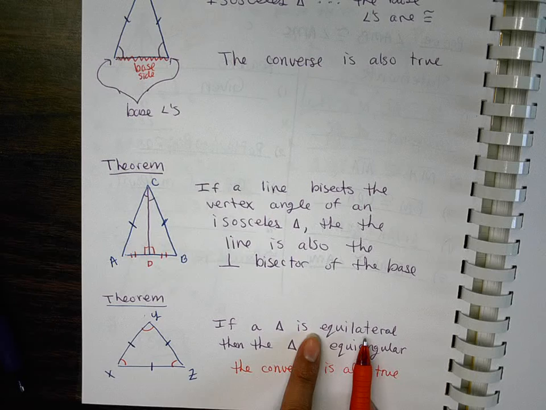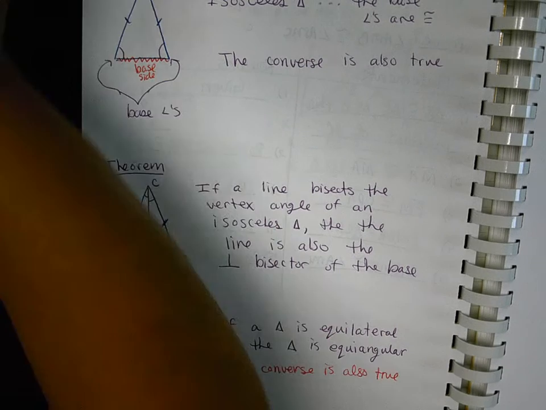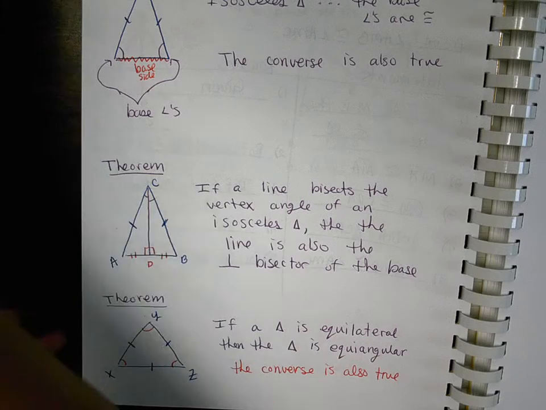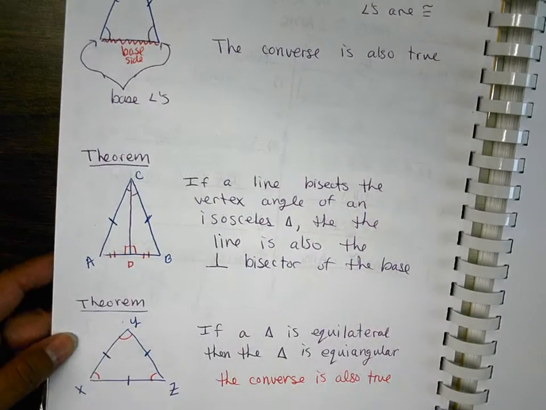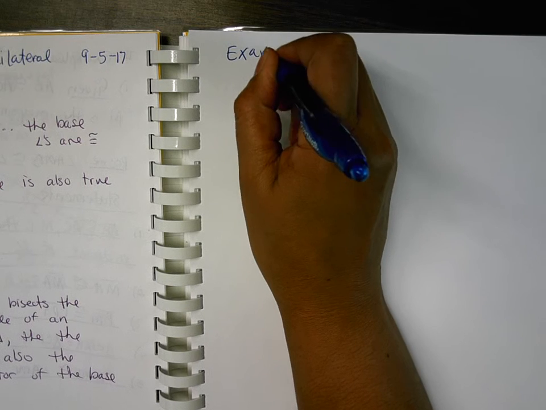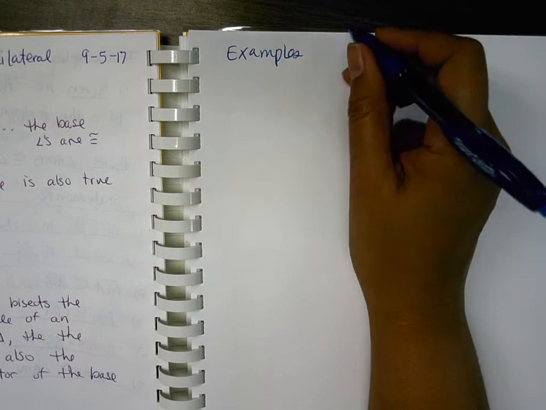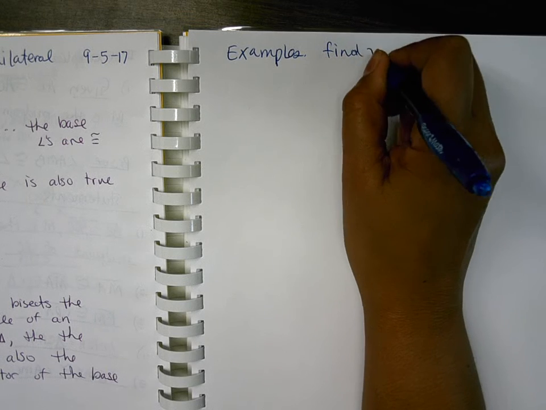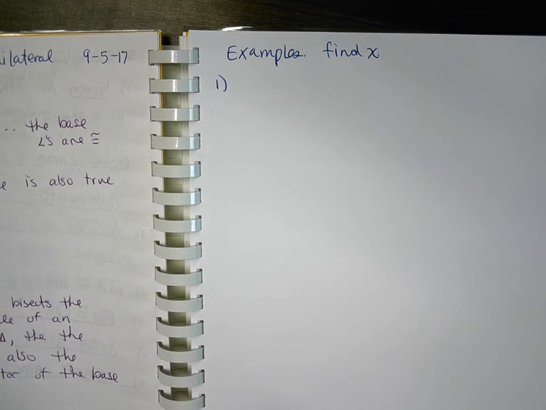They're equilateral, they're all the same. All right, any questions before we move on to examples? Find X is what we're going to be doing.